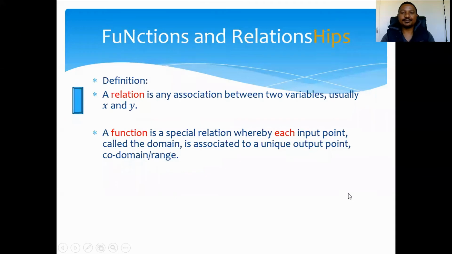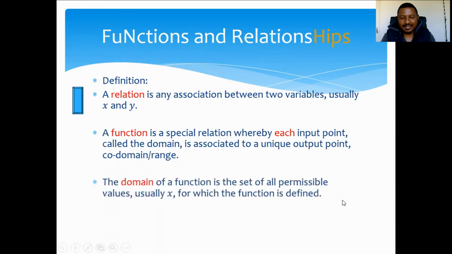Again, if we are revisiting our definition of a function, we said a function is a special relation whereby each input point called the domain is associated to a unique output point called the range. So now we want to know what exactly a domain is. The domain of a function is the set of all permissible or possible values, usually x, for which the function is defined.